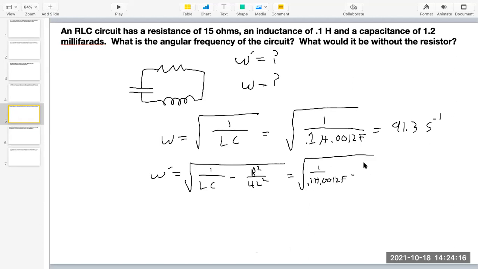Got our resistance squared, or 4 times our inductance squared. And working this out, I got 52.04.